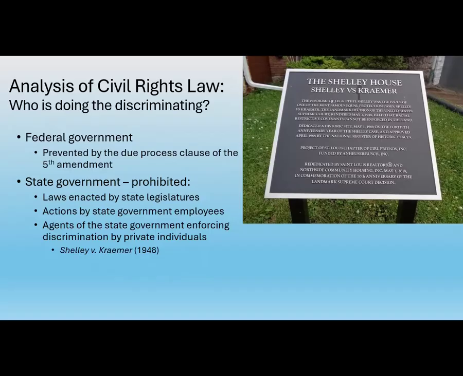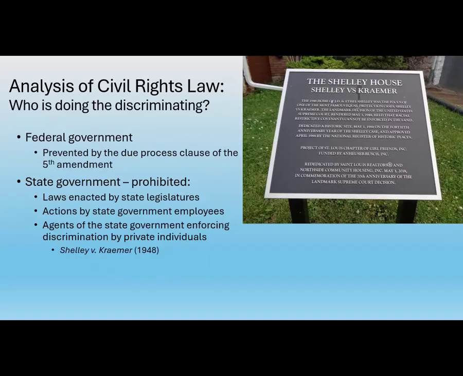So in Shelley versus Kramer, the Supreme Court held that state action includes instances where state officials are having to enforce private discrimination. There must be a very strong connection between the state government's involvement in the private discrimination for this to work.